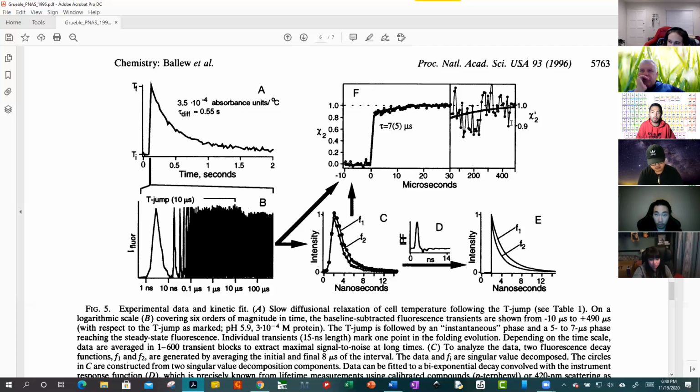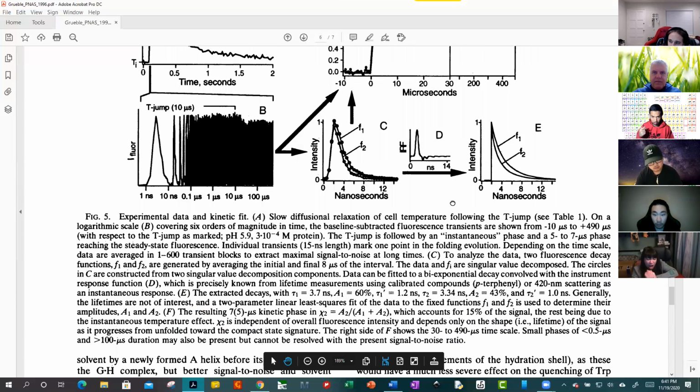Okay, that makes a lot more sense. I'm not exactly clear about how, it seems like a lot of the information, there's this very fast step here, and then there's a much slower step here. And I have forgotten exactly, oh yeah, I see. The Chi2 parameter is equal to A2 over A1 plus A2.